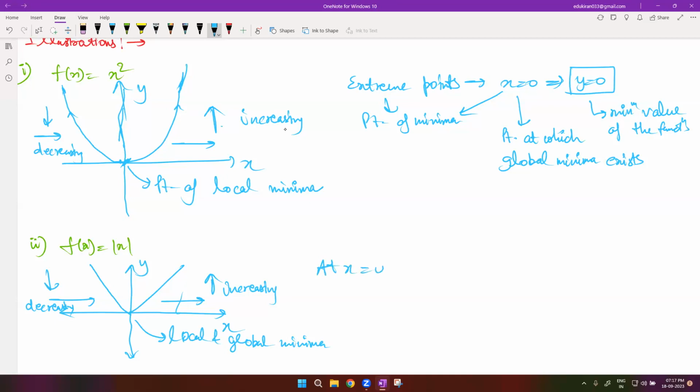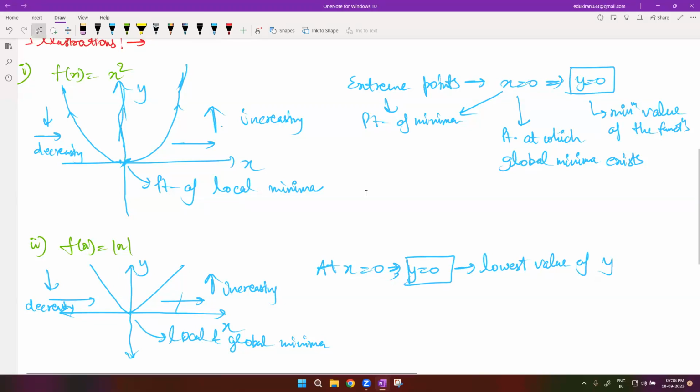So at x equals 0, mod x or y is also 0. This is the lowest value, and this is the point at which the lowest value exists, right?